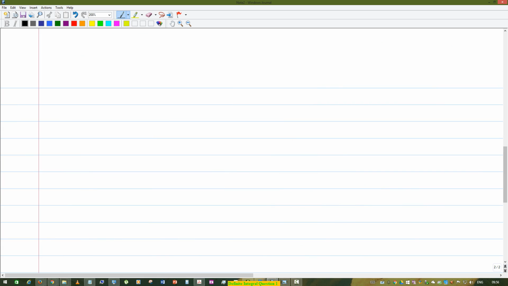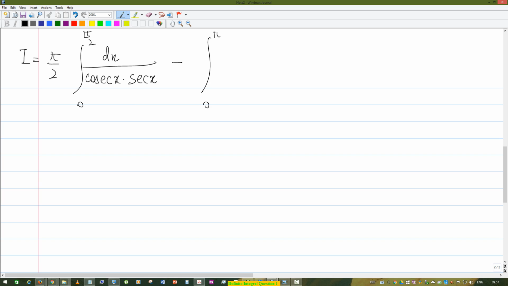So now what we are left with is I is equal to pi over 2 integral from 0 to pi by 2 dx over cosec x secant x, minus integral from 0 to pi by 2 x dx over cosec x secant x.